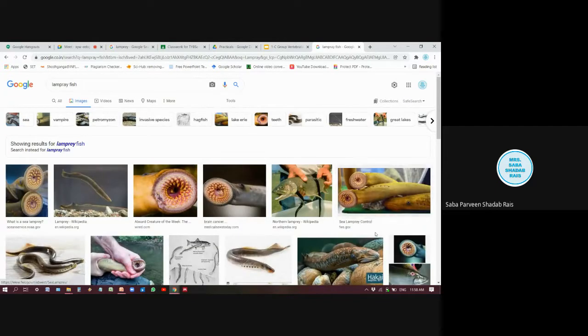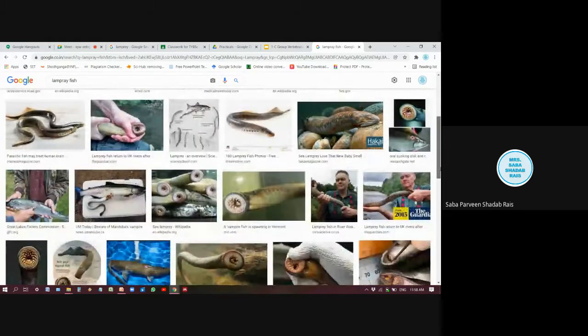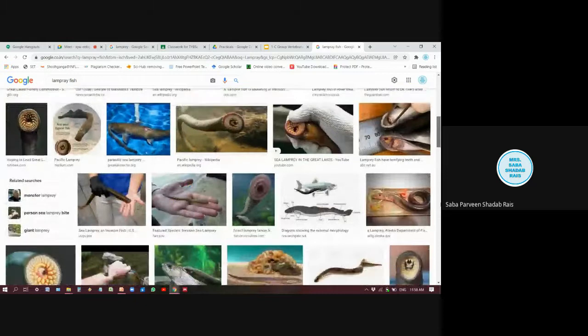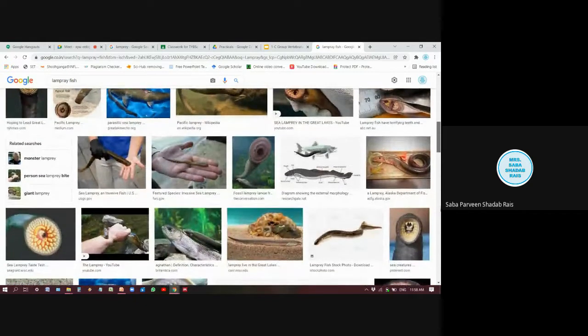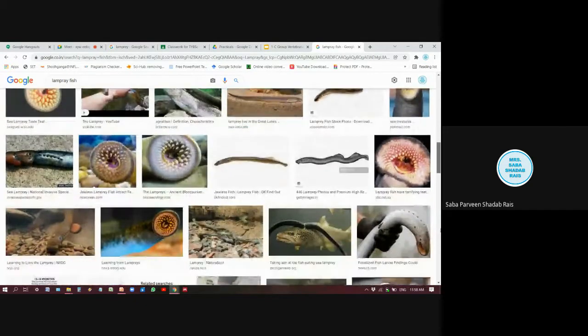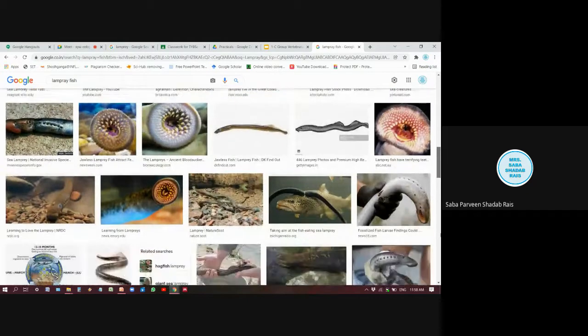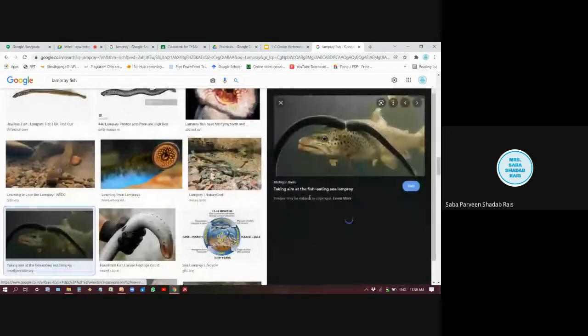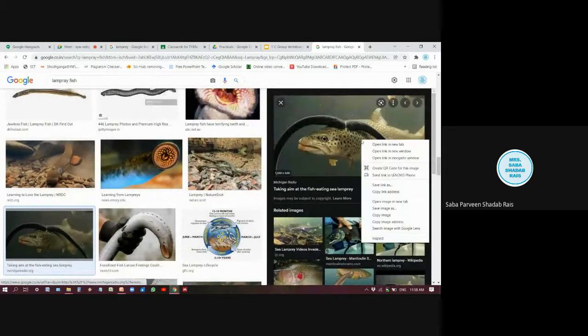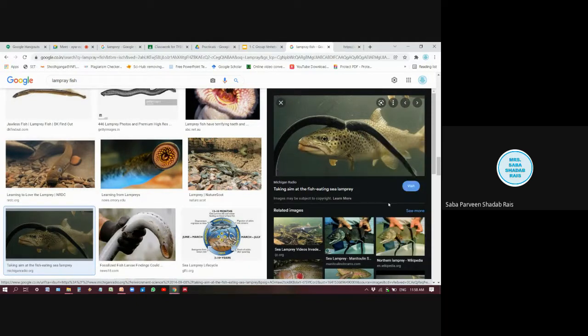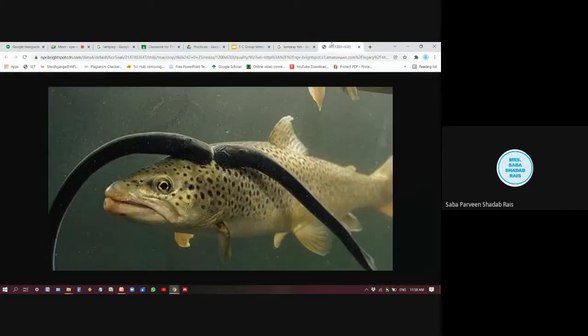See their mouth. See this way. They are attaching near the head of the fish. Now why is this lamprey black in color?